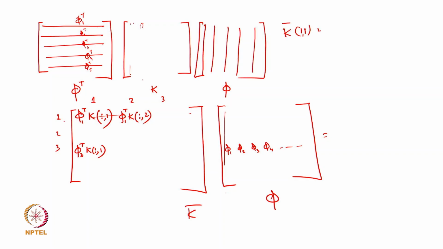So K bar 1 comma 1 is nothing but phi 1 1 plus phi 1 transpose K colon comma 1 into phi 1 comma 2, like this way, because this will be multiplying, like this way, this term with this with this with this with this, like this way it will go.